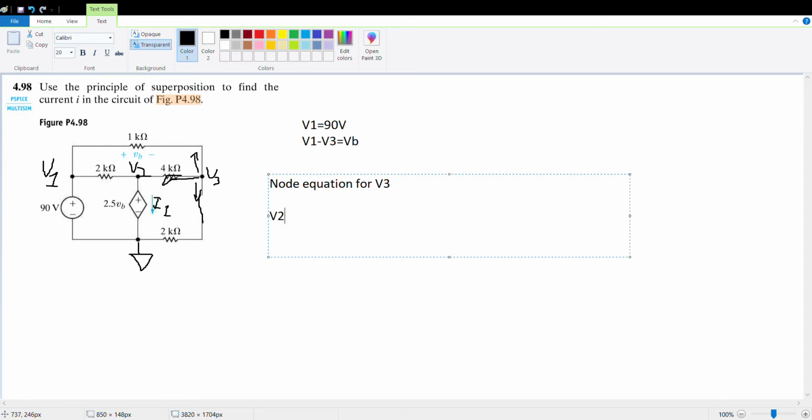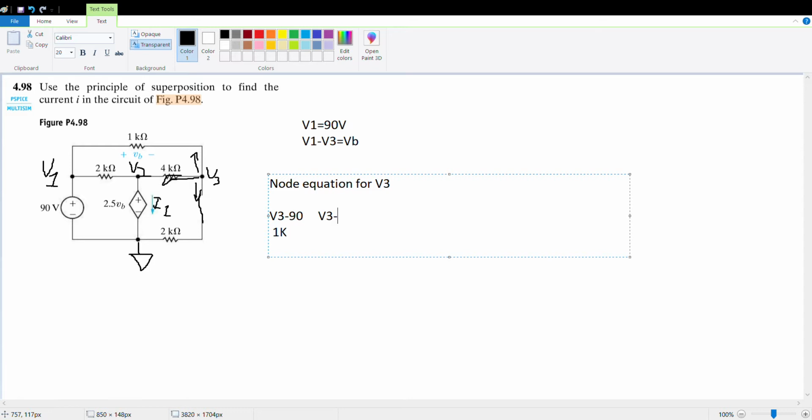So V3 minus V1, which is given to us as 90, all over 1K. And we also have V3 minus V2 over 4K, where V2 is given to us as 2.5 VB, and VB is V1 minus V3.